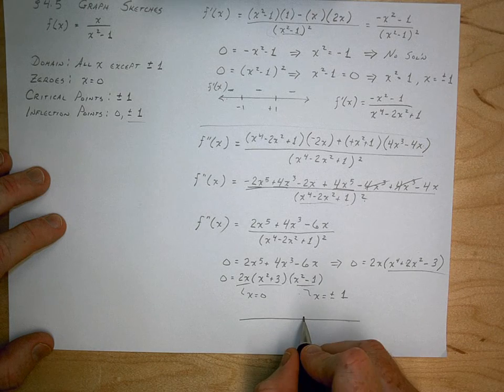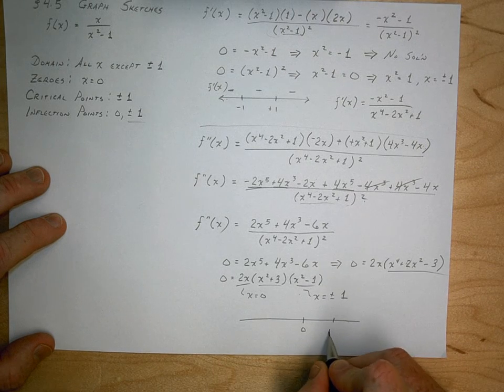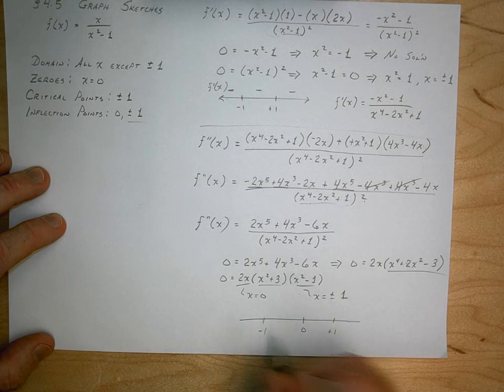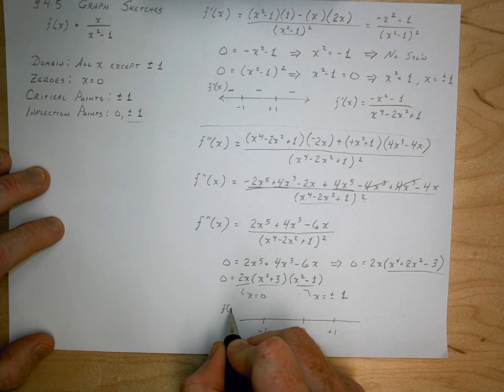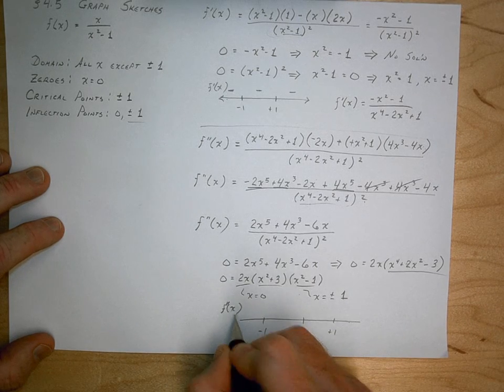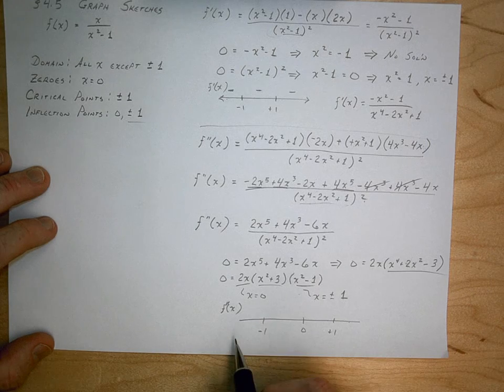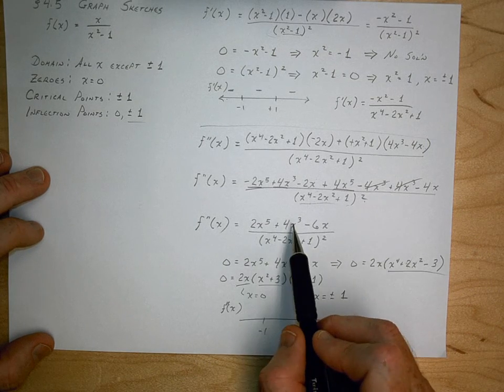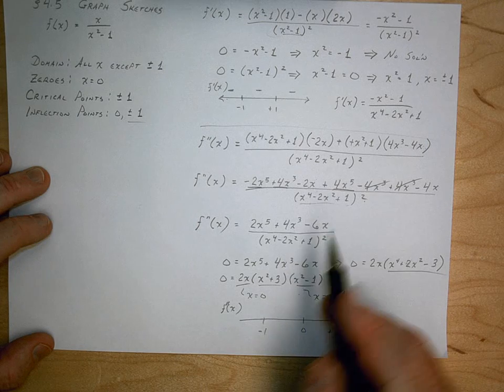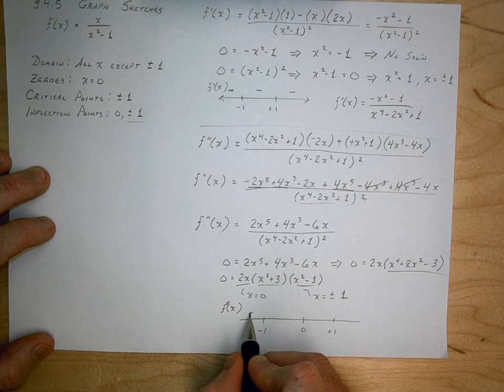If we do the number line, 0, plus 1, minus 1, I check values on each side of those. If I plug a negative 2 into my second derivative, I get a positive 12. This is all going to be negative.